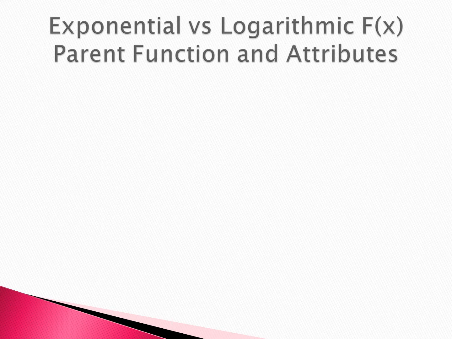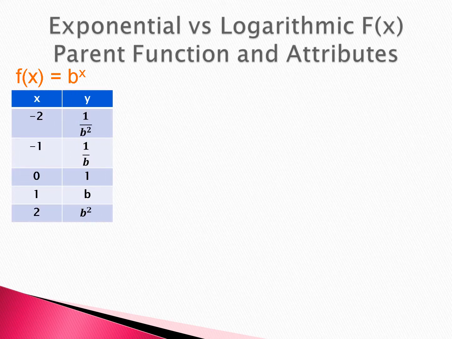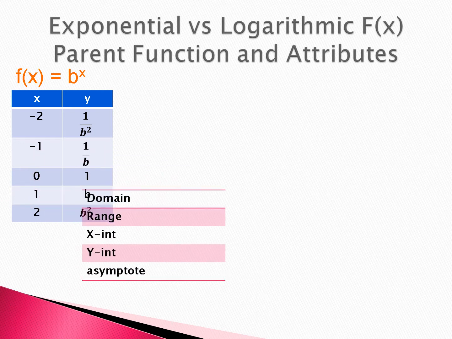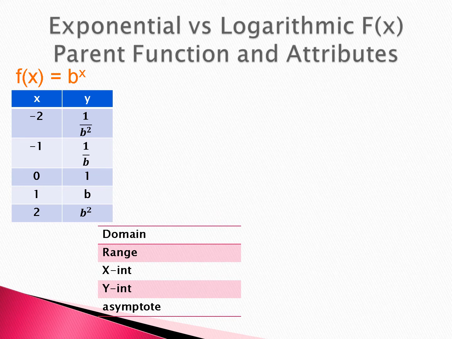All right, let's look at the exponential parent function versus the logarithmic parent function and all of their attributes. So here's our parent function for the exponential, f of x equals b to the x power. Here is our parent function table. And then let's talk about the attributes of the parent exponential function.